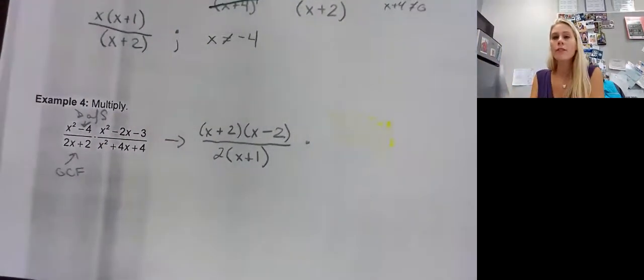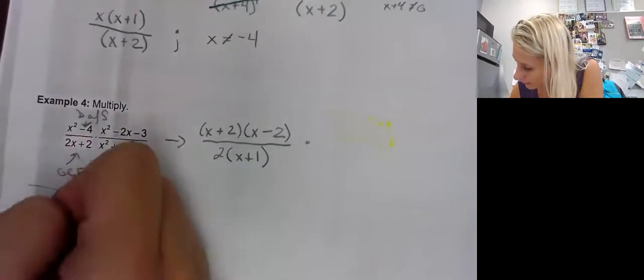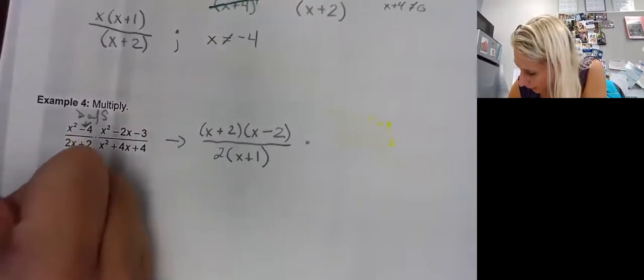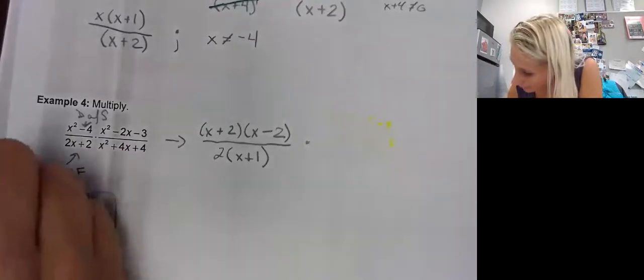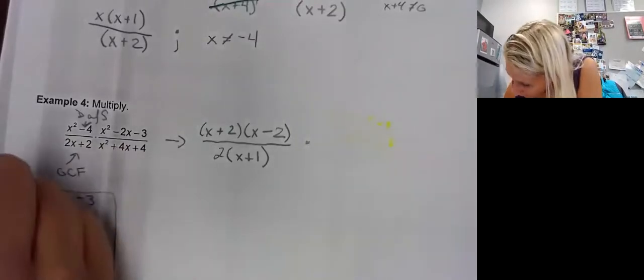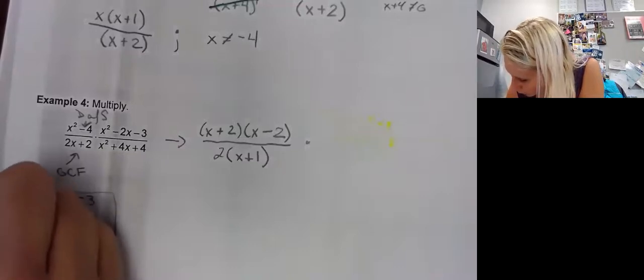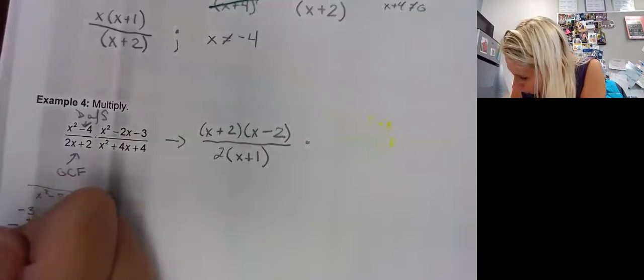Many of you will have to factor on your side, right? I can do this, x squared minus 2x minus 3. Remember, a times c, so 1 times negative 3 is negative 3. What two numbers multiply to give you negative 3 but add to give you negative 2?